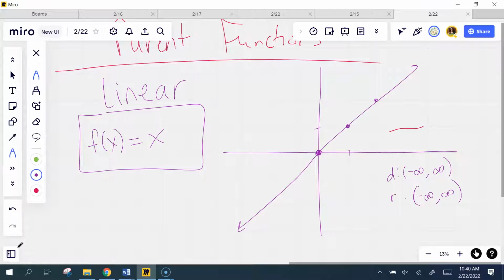Look at just this line. What is the x-intercept? In other words, where does it cross the x-axis? At 0. So the x-intercept is x equals 0. How about the y-intercept? It's 0 also.